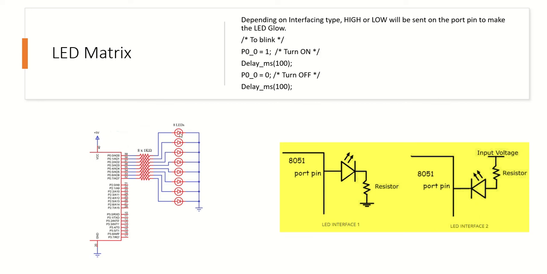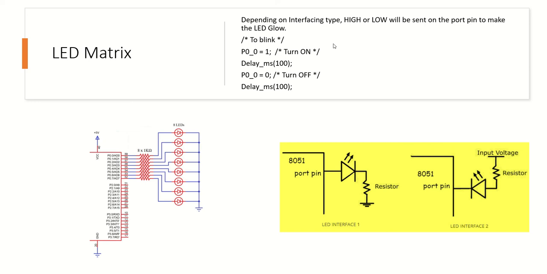As it is connected to the anode, we need a high voltage, like 5 volts, output on this line, which will make the LED on. It is a very simple way to do it. Depending on the interface, a high or low voltage will be sent on the port pin to make the LED glow.